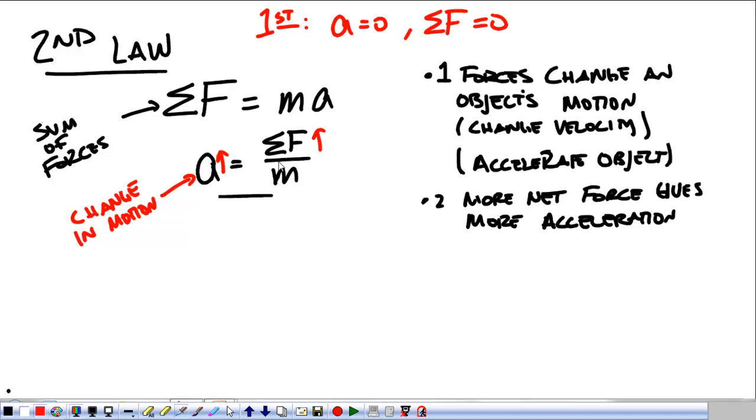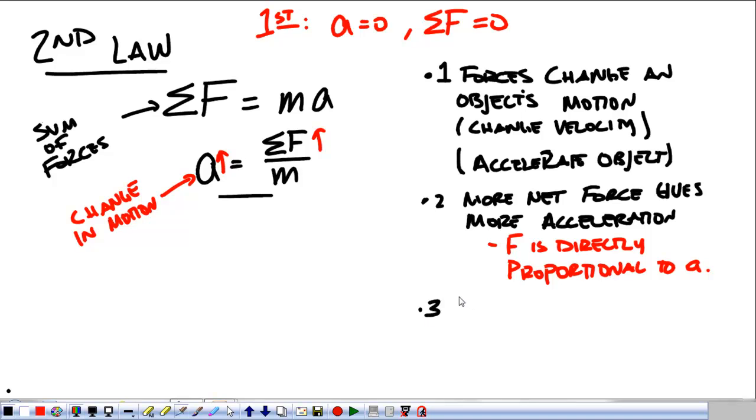They are directly proportional. Force is directly proportional to the acceleration. The more force I have, the more acceleration I have. Or the more force I have, the more change in motion that we're going to see for an object.